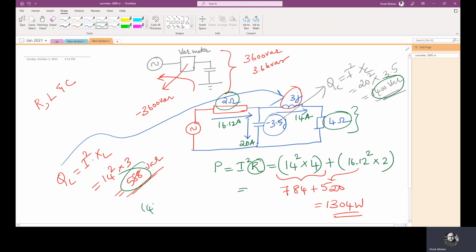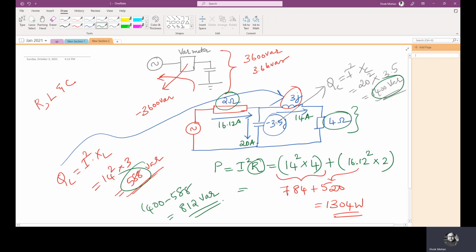So 1400 minus 588 is the net reactive power, which is equal to 812 VAR. So this reactive power must be absorbed by the generator because there is a net positive reactive power.